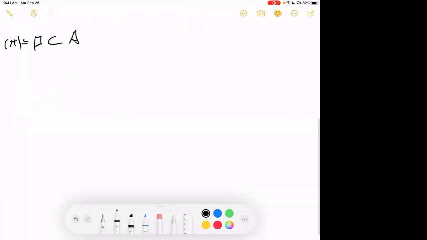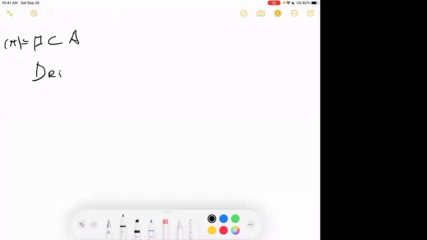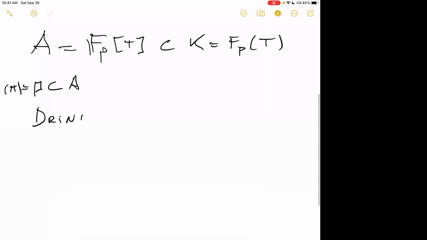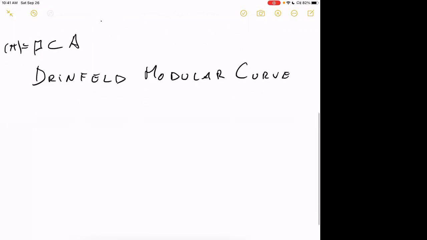First of all, we need to start with the Drinfeld modular curve. The Drinfeld modular curve, you should think of it as the classical modular curve. It's just that it parameterizes, instead of elliptic curves, Drinfeld modules.